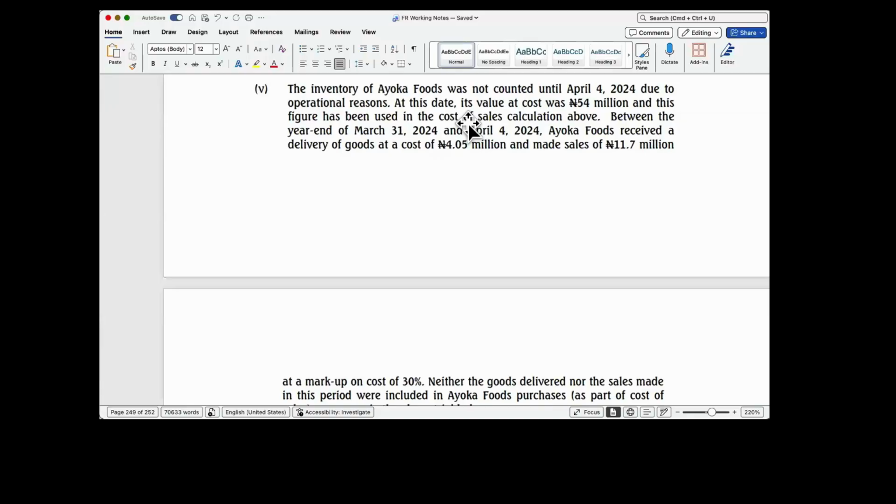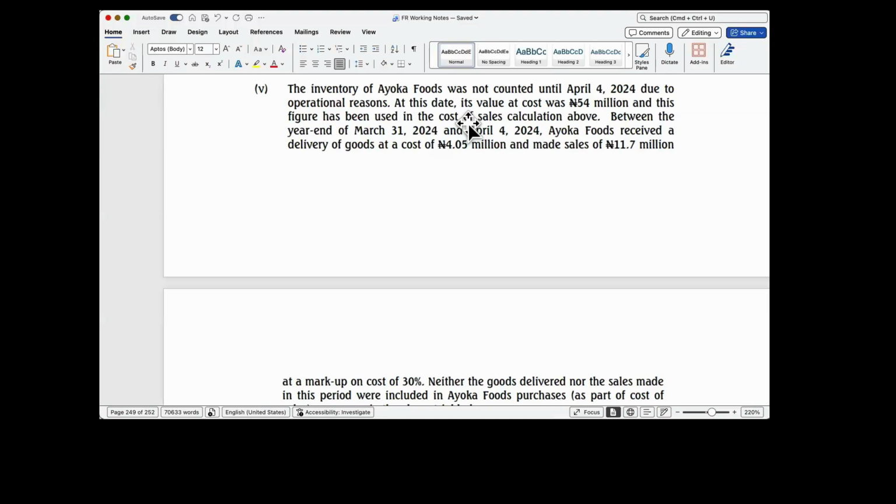That means 4 million worth of inventory has been added to my inventory, so I need to remove that.